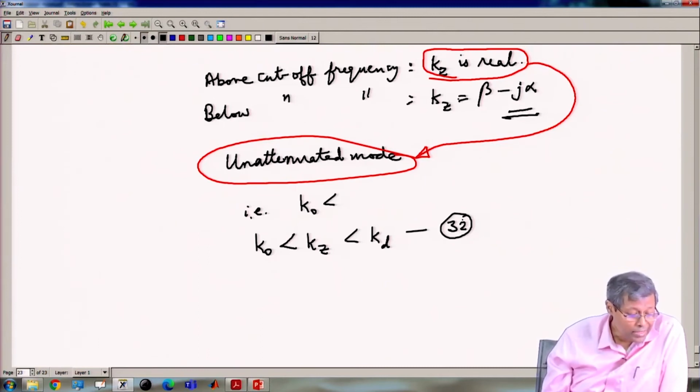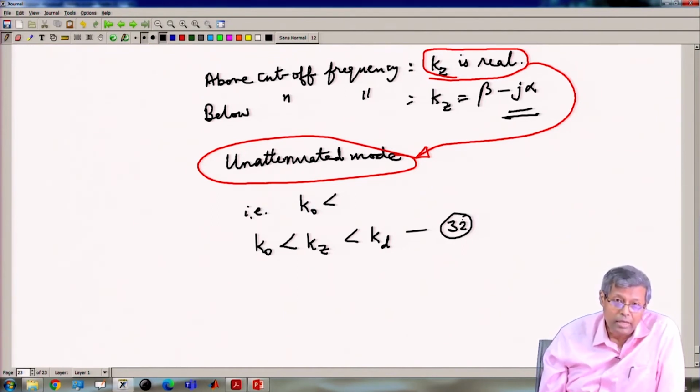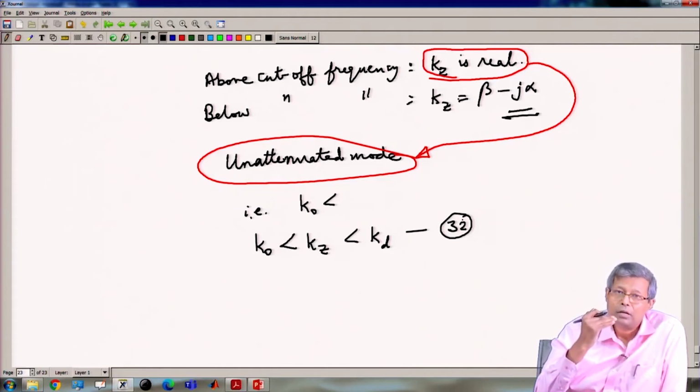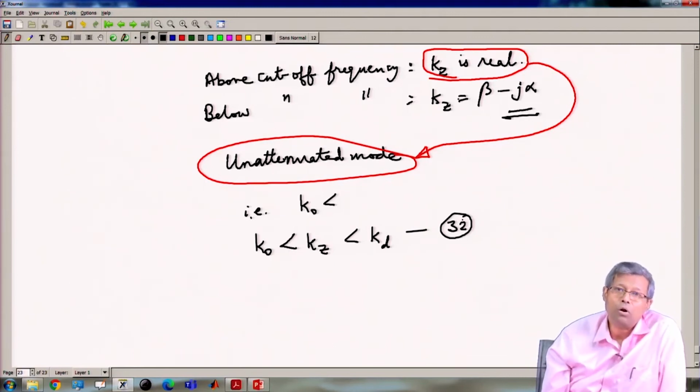So, k z square minus V square is k naught square. Therefore, if V is real, then the distribution of fields in the air region is of the exponentially decaying type.